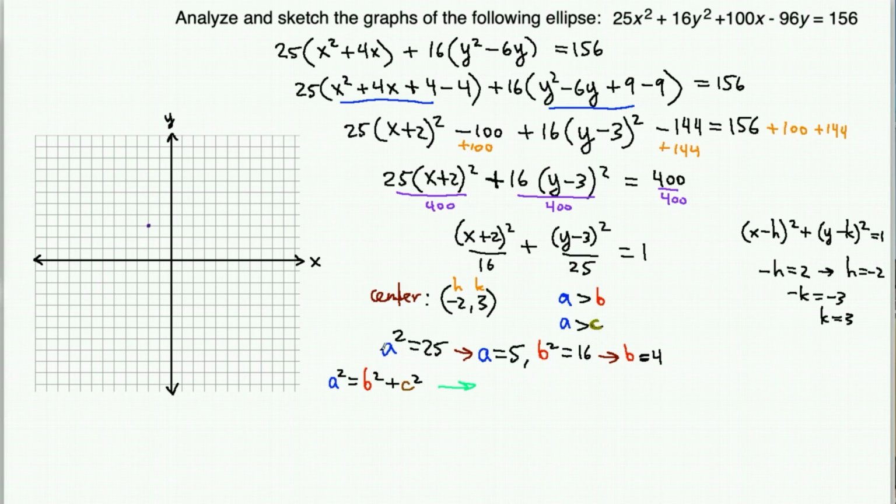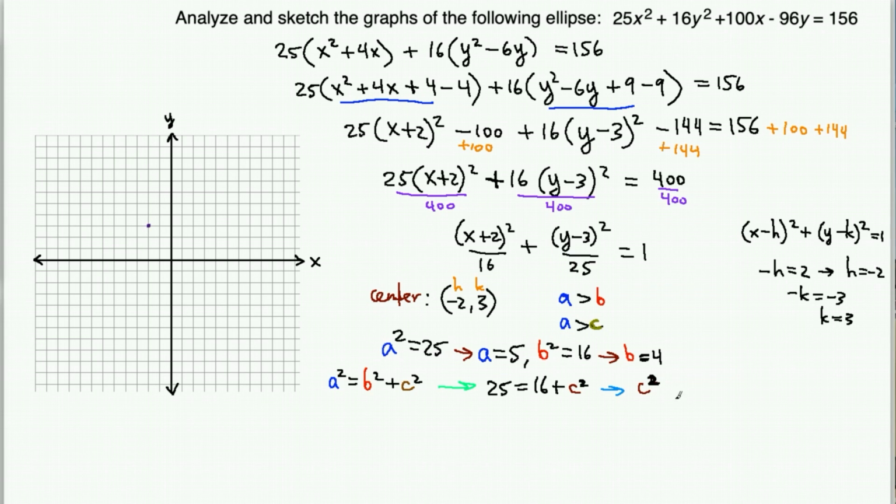I mean, might as well do that. So a squared is 25. So let's put 25 is equal to 16 plus c squared. So that means if c squared is by itself, we can solve for it, which is great. So c squared is what? You're going to basically subtract 16 on both sides.